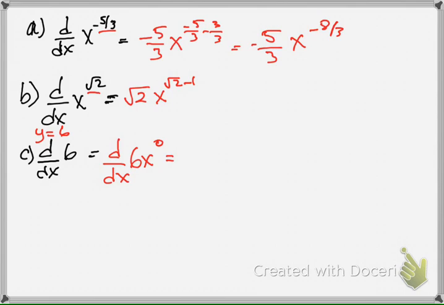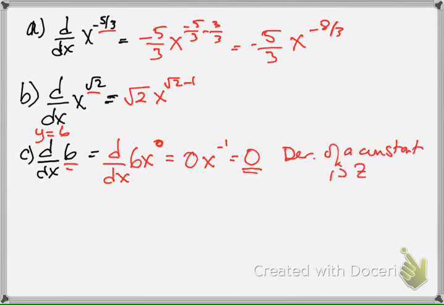Since that's the case, my n is 0, so I have 0 times x to the negative 1, but it doesn't matter because 0 times any function is 0. This leads me to a rule: the derivative of any constant is always 0. So the derivative of a constant is 0.